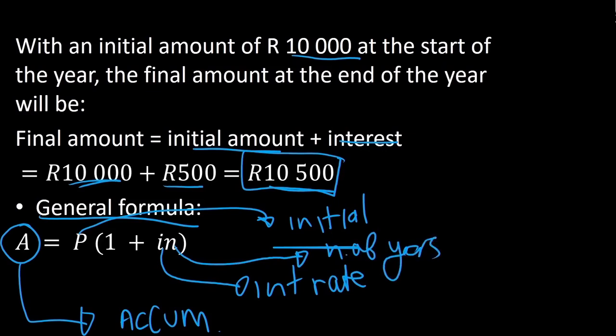So if, for example, your money was invested for 18 months, you would have to change 18 months to a number of years. 18 months is 1.5 years. So all you would do is take the number of months divided by 12, because there are 12 months in a year, and that will tell you how many years there are in 18 months.